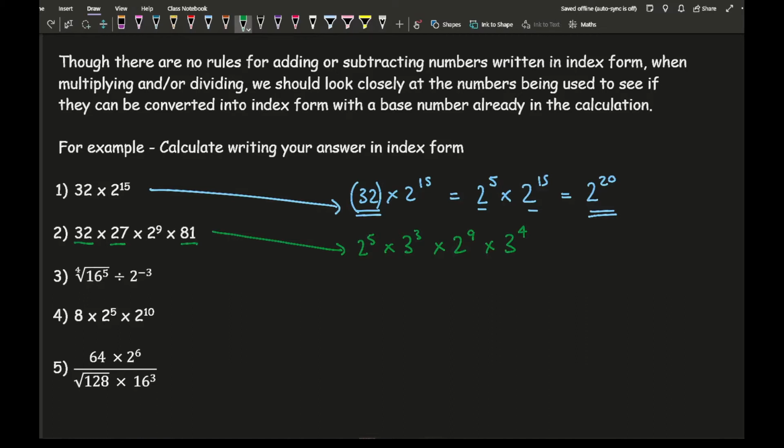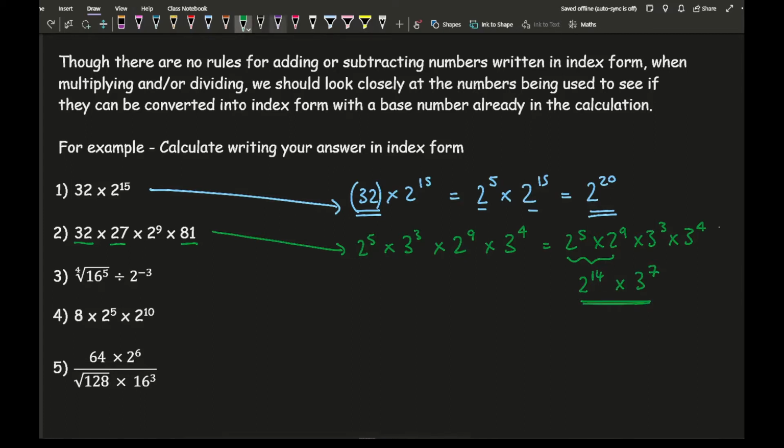Then if I group the 2s together, I get 2 to the power of 5, 2 to the power of 9, multiplied by 3 to the power of 3, 3 to the power of 4. I can do that because the order in which you multiply numbers does not have an impact on the answer, whereas with dividing and subtraction it does matter. So collecting these, I get 2 to the power of 14 multiplied by 3 to the power of 7, and that would be my final answer, leaving my answer in index form.